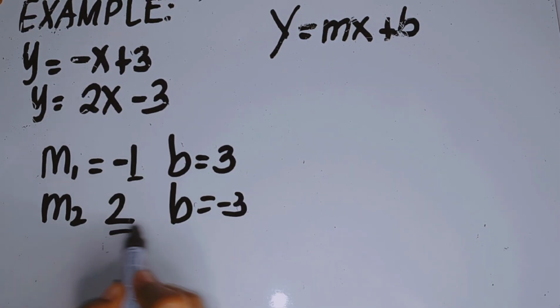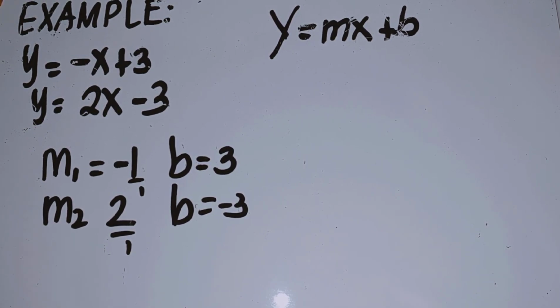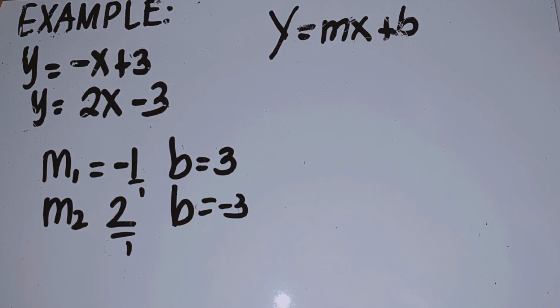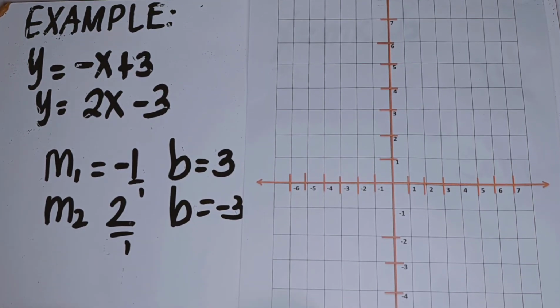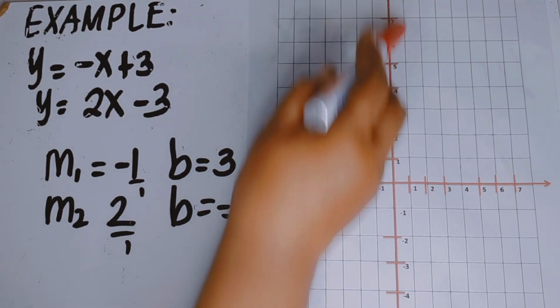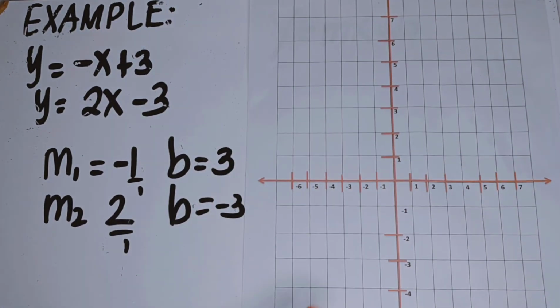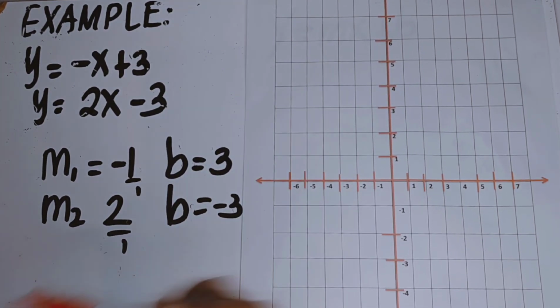Always remember na lahat ng whole number ay may over 1. So, kung mapapansin nyo, nakuha na natin ang slope and y-intercept. Let us try to graph the two equations. Dito pa rin tayo nakatuon sa y-intercept or the vertical line. Sa first equation, ang y-intercept niya is positive 3.